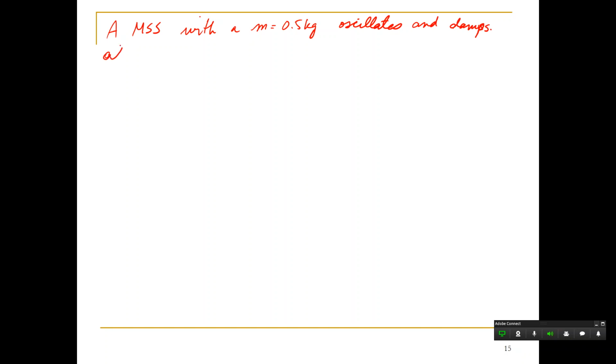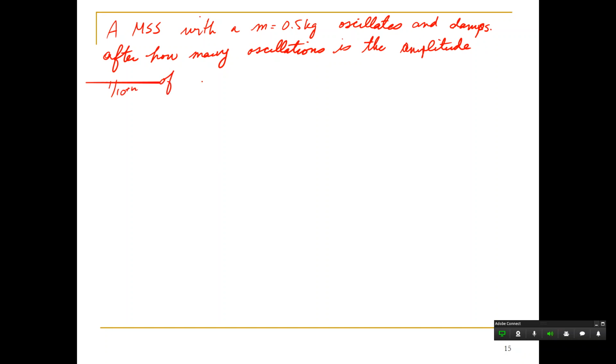After how many oscillations is the amplitude 1/10 of the original amplitude?